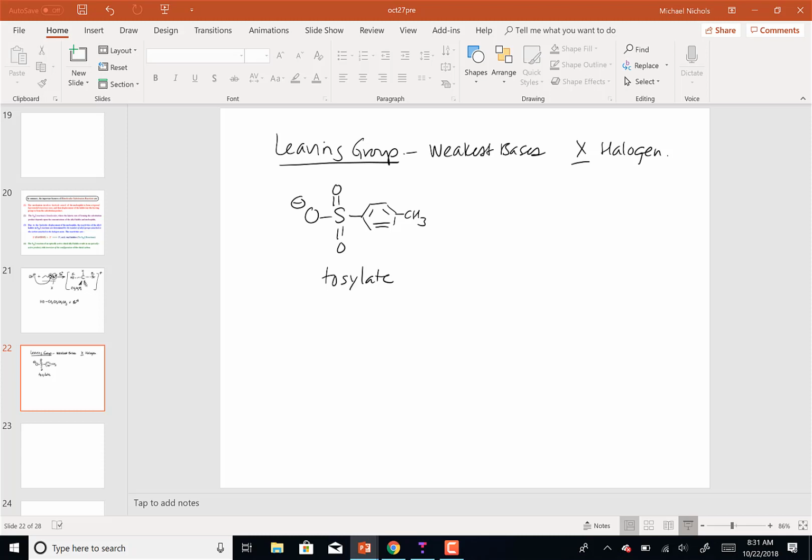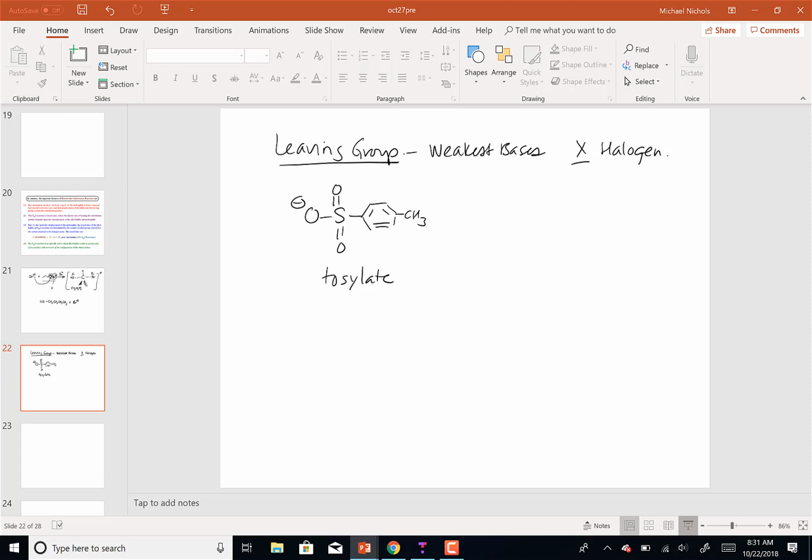What else has to go into the answer then? What does that do to the molecule? It makes it more stable. And so the more stable it is, the weaker it is as a base.